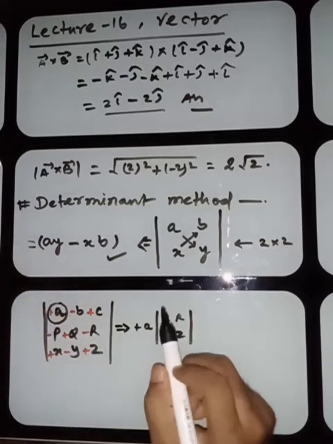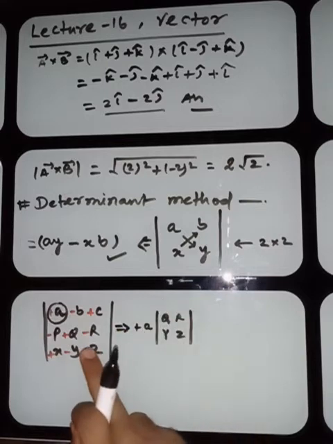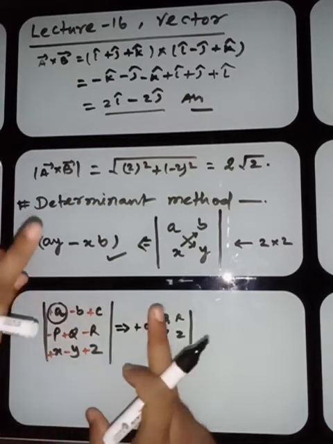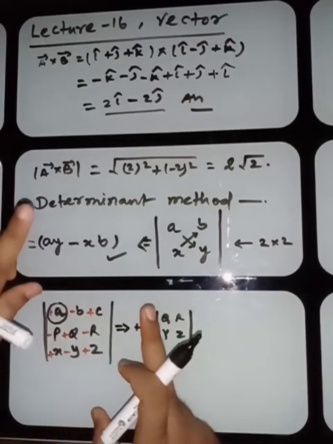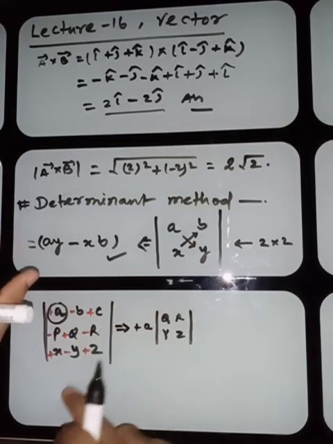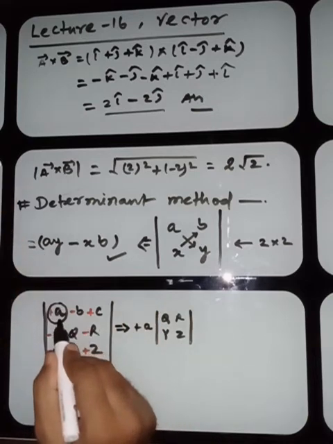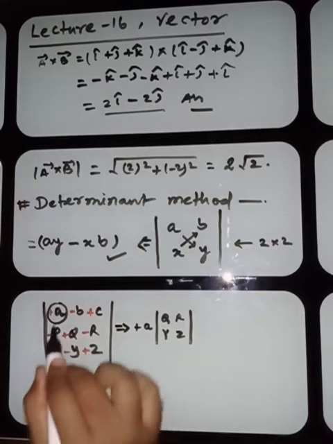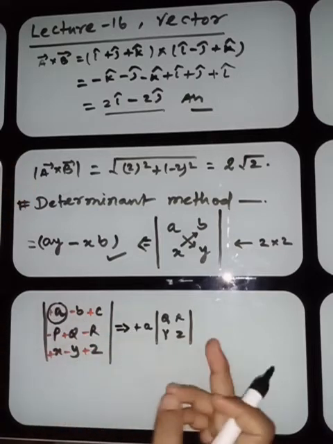Remember, my dear students, try to remember this one. You have to give the nature only to those members for which you are going to split this determinant. You have to pick only one row or one column, and then this determinant will be converted into 2 by 2.